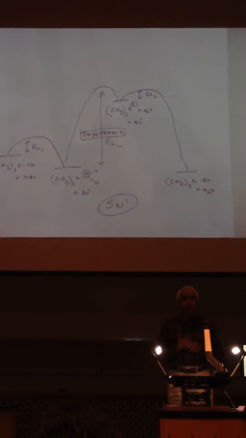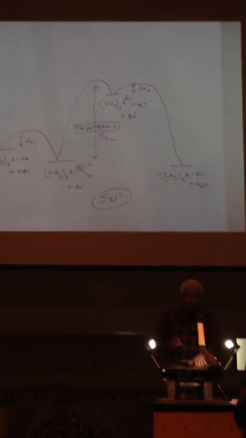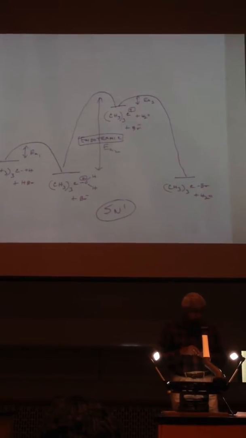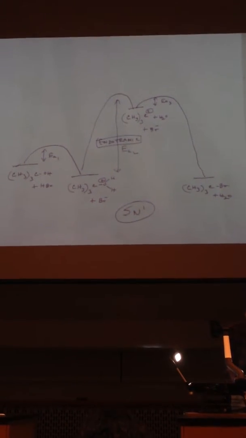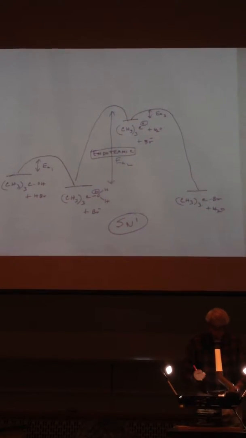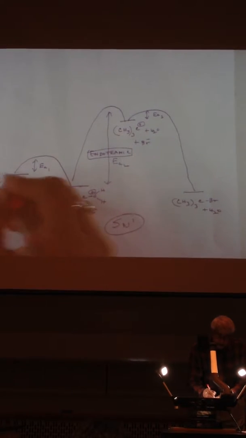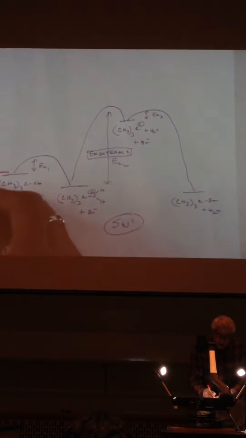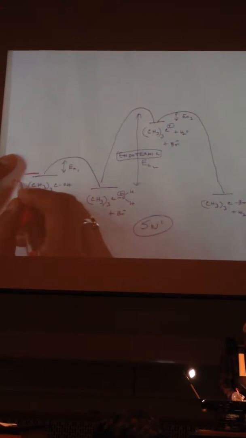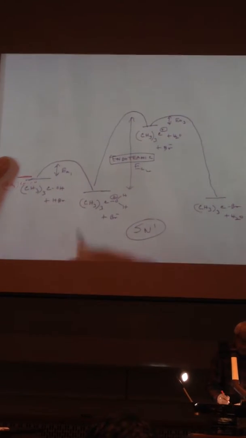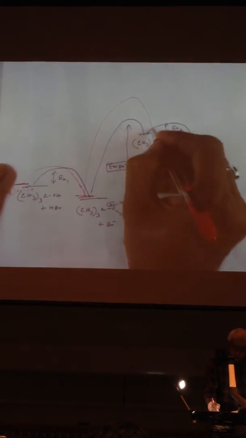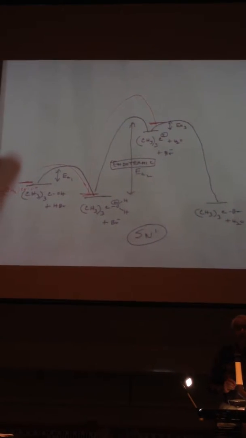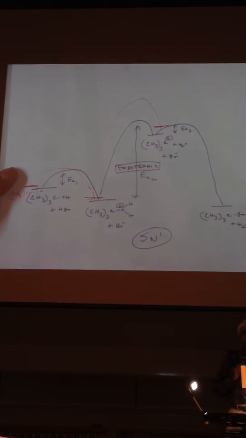And in the SN1 mechanism, if you change the substrate from tertiary to secondary, let's give you another one. All we need to do is change the substrate from this to isopropyl. And then the first step remains about the same. The second step, the energy demand goes up because the secondary cation is actually harder to form.